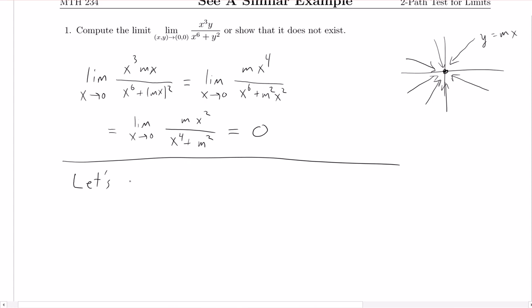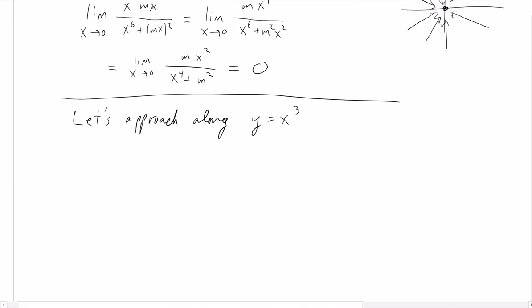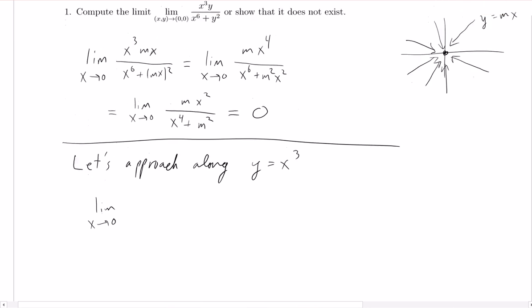So let's approach along the path y equals x cubed and see what happens. So then we get the limit, because x goes to 0. And again, if x goes to 0, then y goes to 0, because y is x cubed.